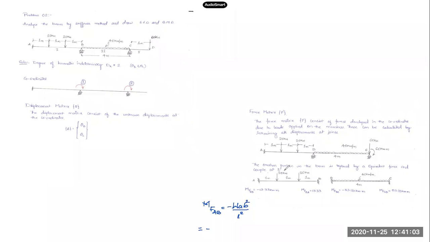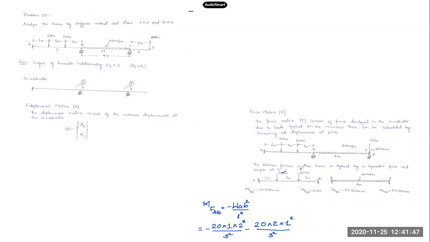For the first load, a is 1 meter and b is 2 meter, so minus 20 into 1 into 2 square divided by 3 square. For the next 20 kilonewton load, a is 2 meter up to this load and b is 1 meter, so minus 20 into 2 into 1 square divided by 3 square. Altogether, this comes out to be minus 13.33 kilonewton meter when you calculate and add this.